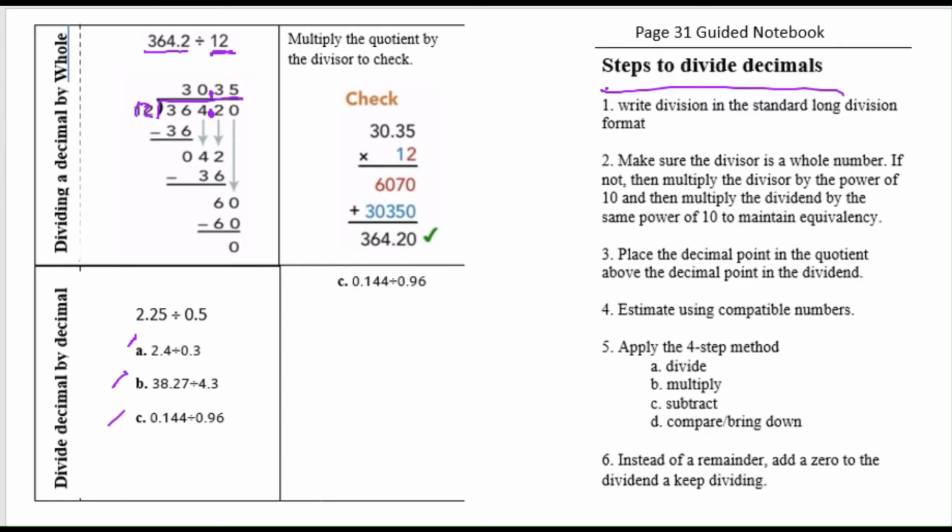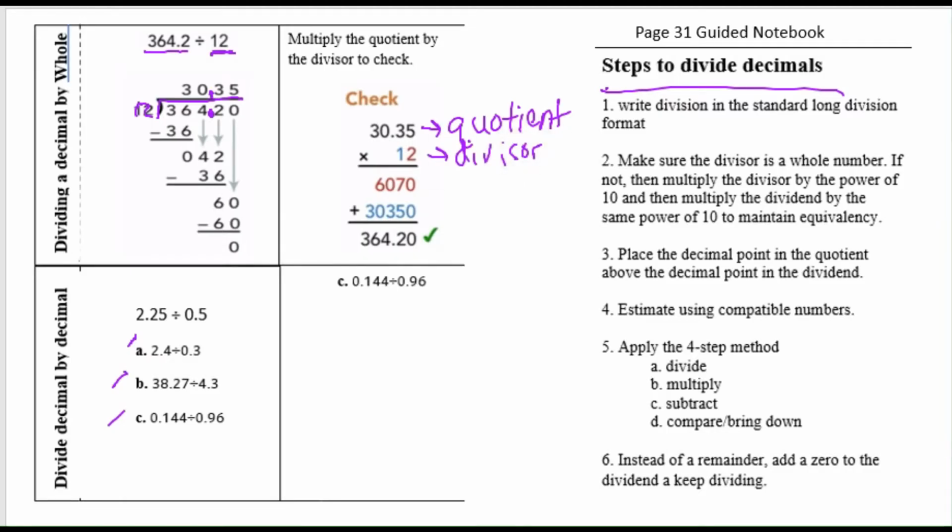And then to check your work, you would just multiply your divisor times your quotient, and you should get your product. So over here, they multiply and I want you to write this down. This is the quotient. The 12 is the divisor.